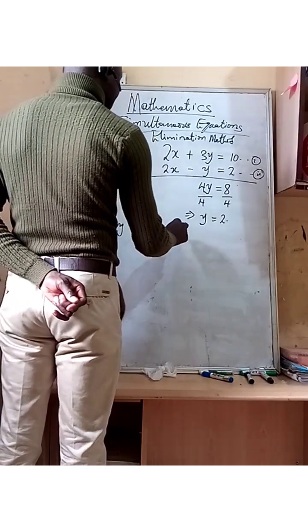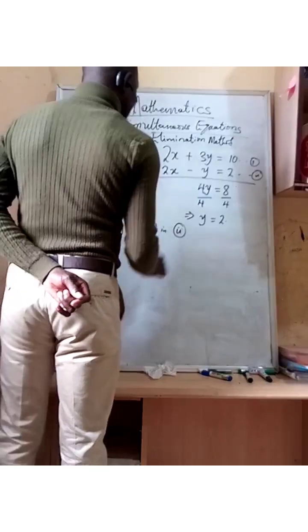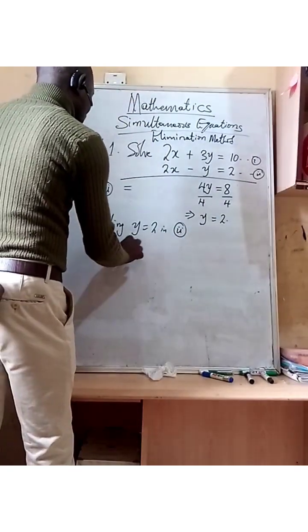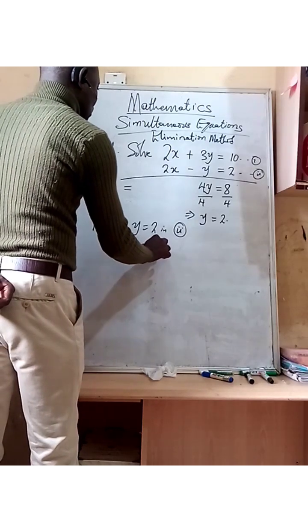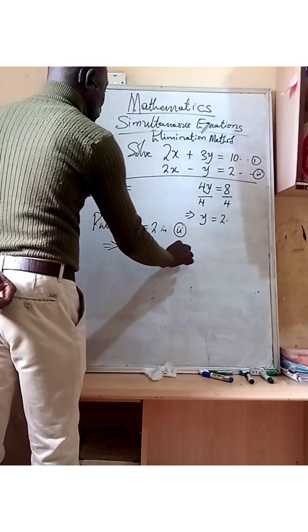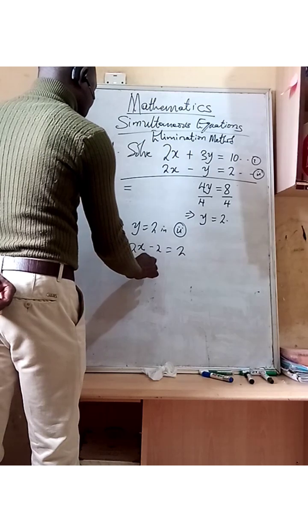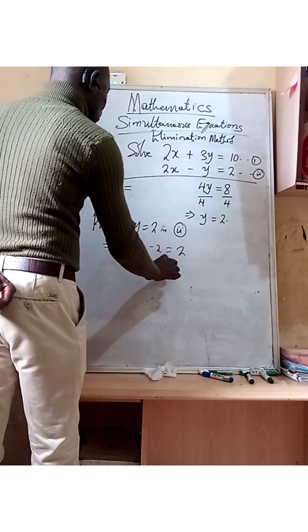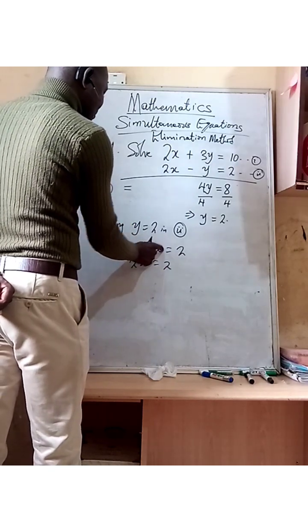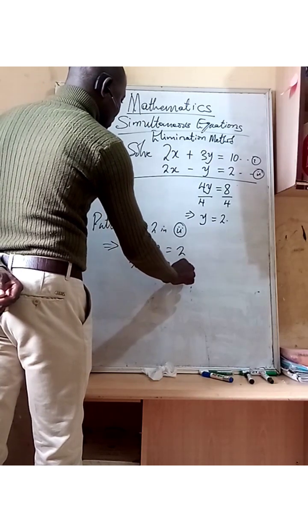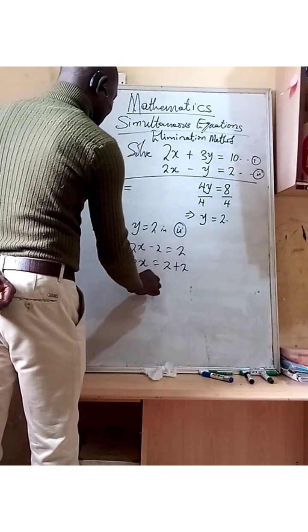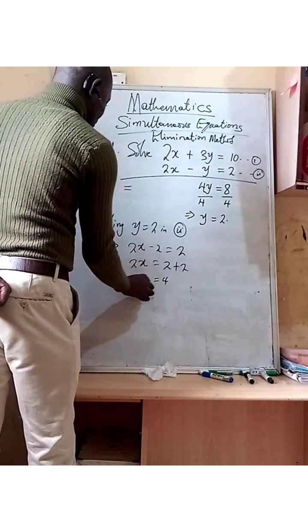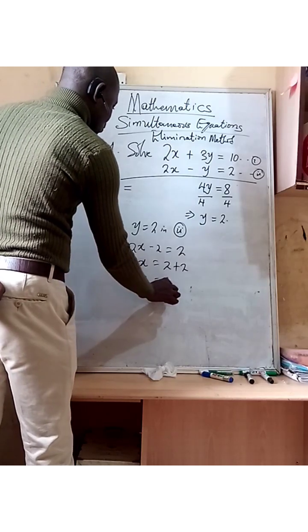So in equation 2, it now implies that 2x minus 2 is equal to 2. So 2x, collecting like terms, negative 2 crosses here and becomes plus 2. So 2x is equal to 4. We do the same thing, divide through by 2.